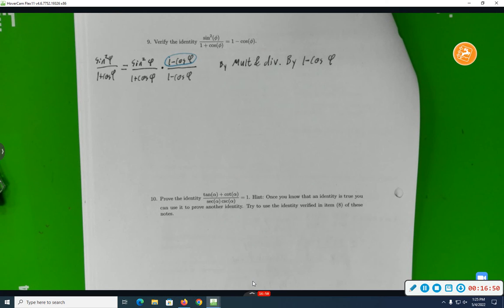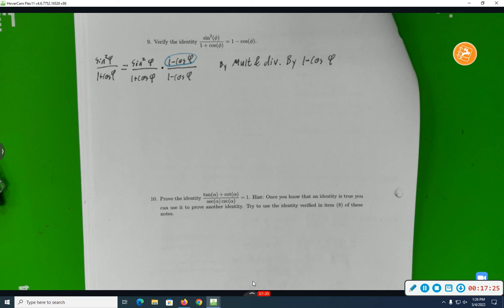Cool. So what should we do next? Just try to find a move to make. So let's look at the whole thing. I want to leave that term alone, so maybe I'll even leave the whole numerator alone. I don't want to distribute the sine squared through it because that would make it harder to see the 1 minus cosine.